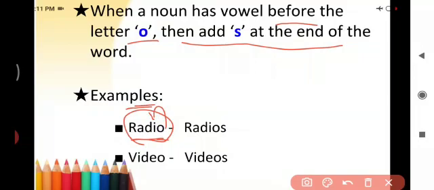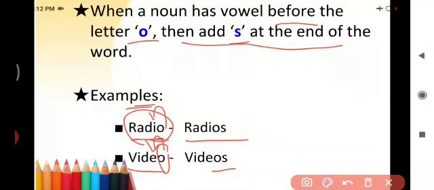So i is a vowel, right? So in this case we need to add s at the end of the word. Radio. See, video. What does the word end with? It ends with letter o, and before o it is e. It is a vowel. So we need to add s at the end of the word.